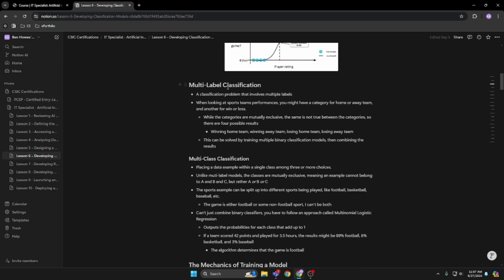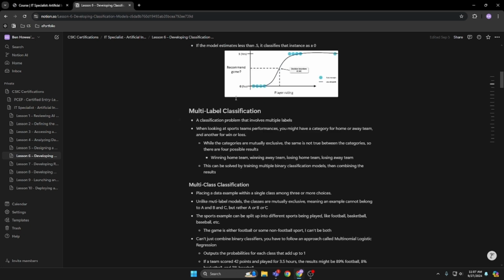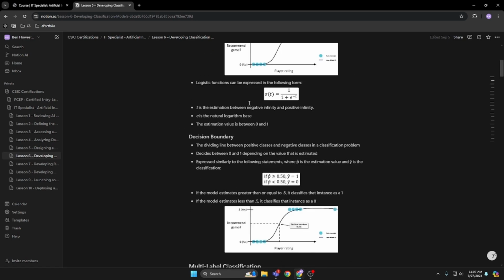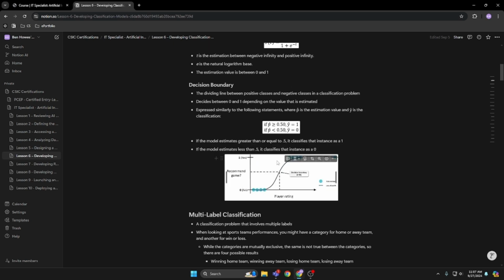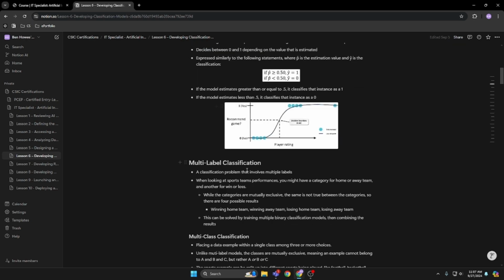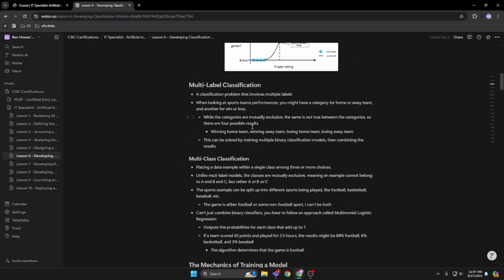And then it talks about how you can get more than one result out of these, but you have to use multiple of the same sort of model. So you can use 2 of these to find a no, yes, yes, no. It's a bit complicated, but they explain it well in the course.